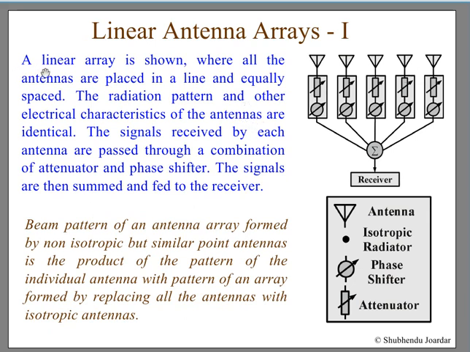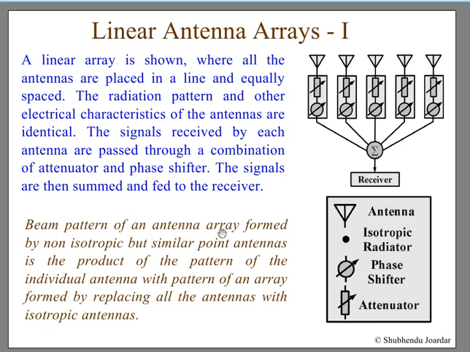I'll read it in case I missed something. A linear array is shown where all antennas are placed in a line and equally spaced. The radiation pattern and other electrical characteristics of the antennas are identical. The signals received by each antenna are passed through a combination of attenuator and phase shifters. The signals are then summed and fed to the receiver.